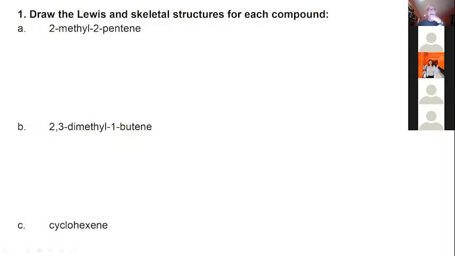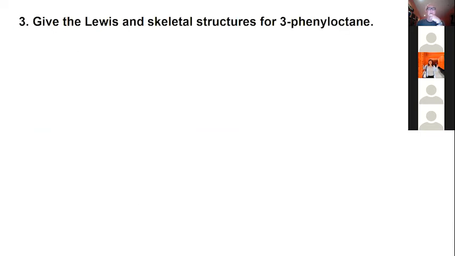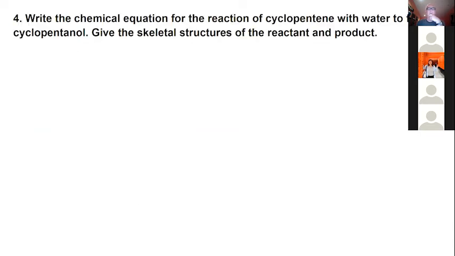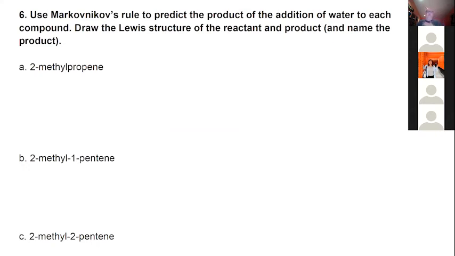So what question was that? Number 6. Markovnikov. Good old Markovnikov. Another genius Russian. So many important Russian chemists. So what does that refer to? Markovnikov's rule.